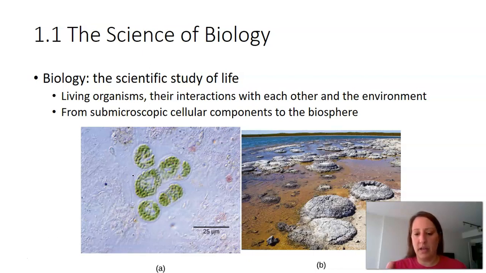If you look on the right, those are some of the structures in which cyanobacteria form. They actually form layers, and in those layers we find fossils. We have fossils that date back to about 3.5 billion years ago, so right around when life started on the planet. These guys are still present on the planet today.